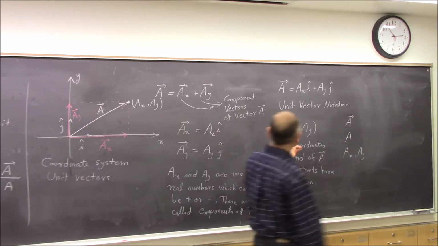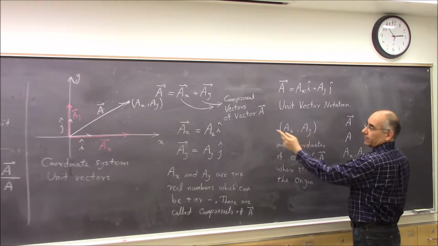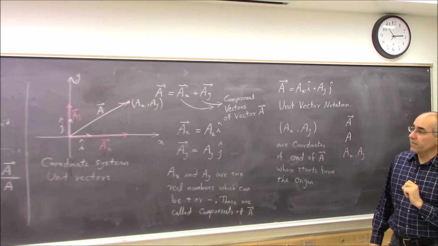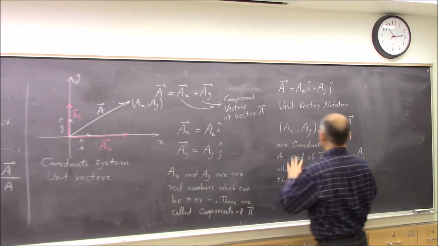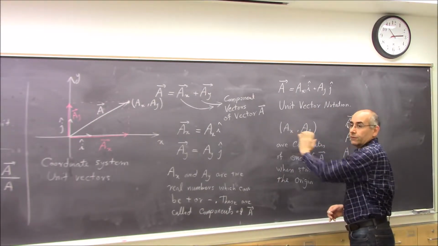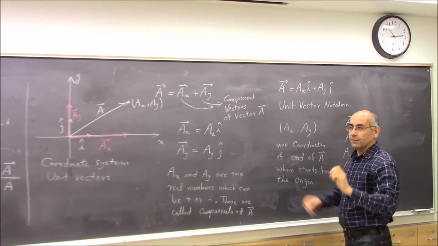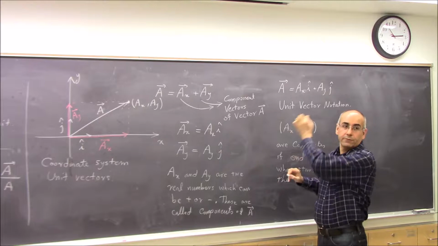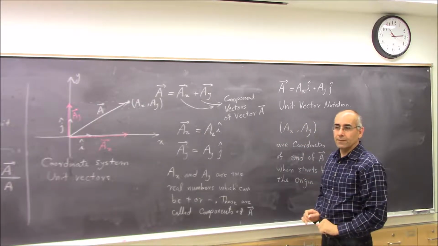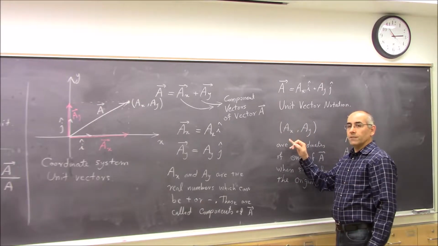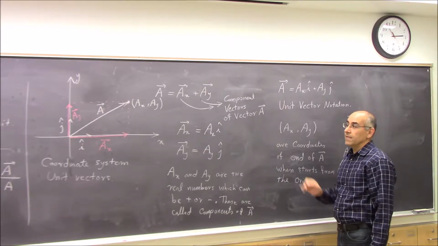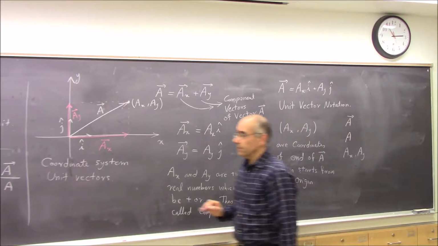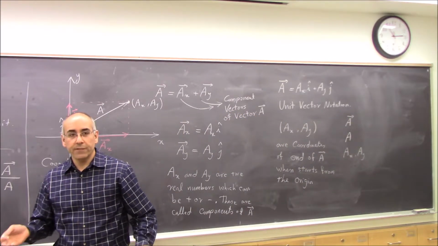This AX and AY uniquely specify the vector. If you give these two numbers for a vector, you know what the vector is, right? It's a point in the xy plane. You draw a vector from the origin to that point, that's the vector. Another way to specify a vector is by giving the magnitude and direction.